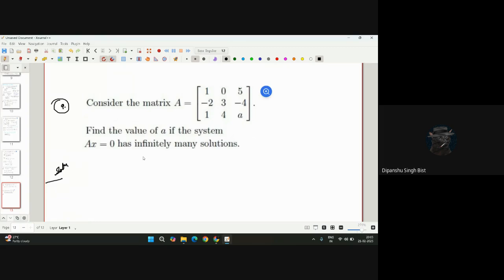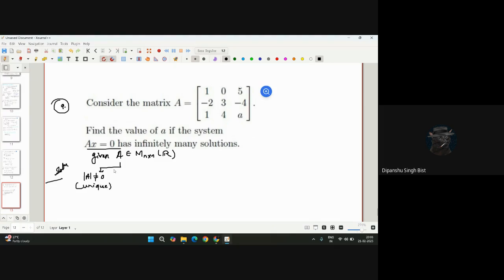For infinitely many, we have already seen this has only two possible cases. Given A is a square matrix, it can have only two cases. First, if determinant of A is not equal to 0, then the solution is unique.